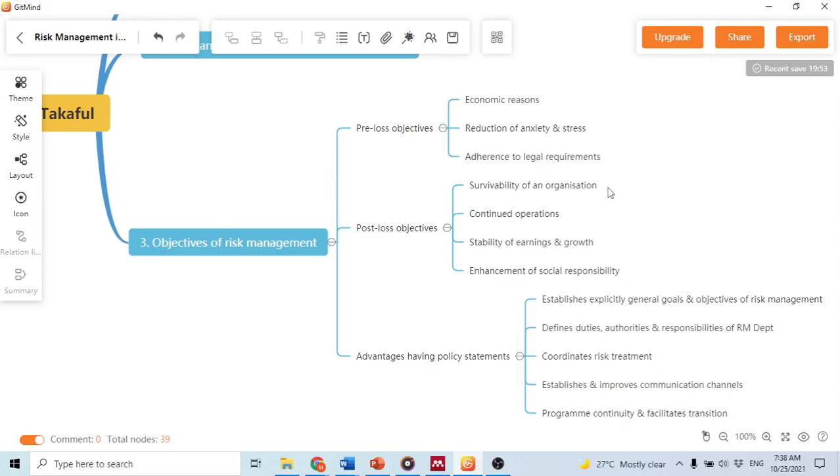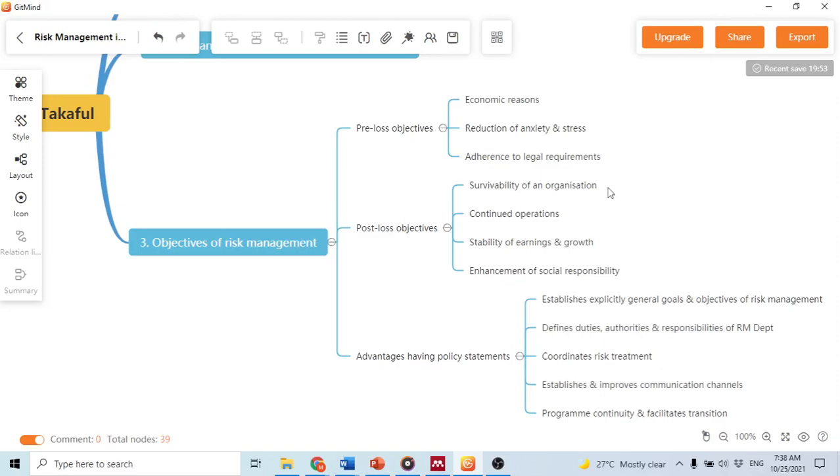So immediately, because they had a plan for the survivability of an organization, immediately after the attack they could operate as normal. We can see that they did not face any problems or any risk.